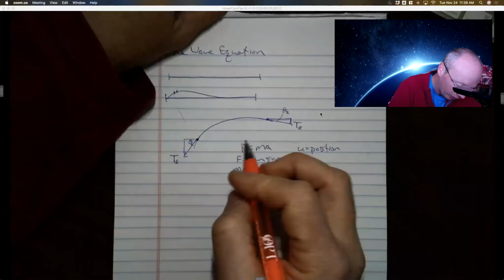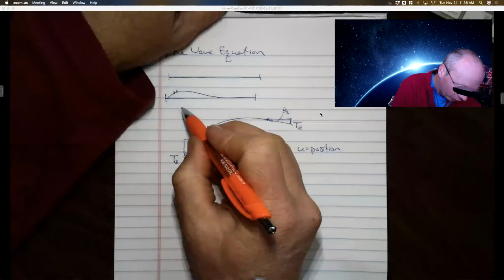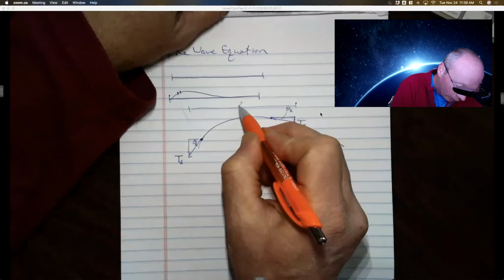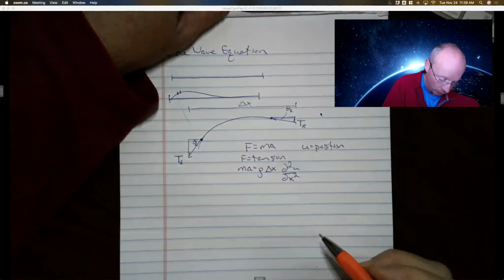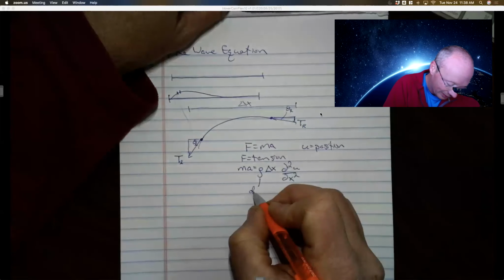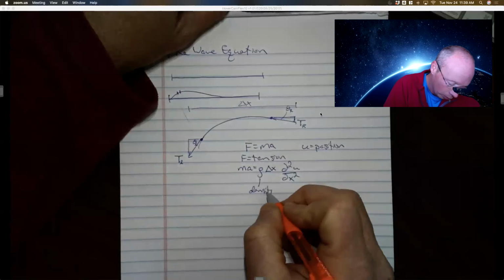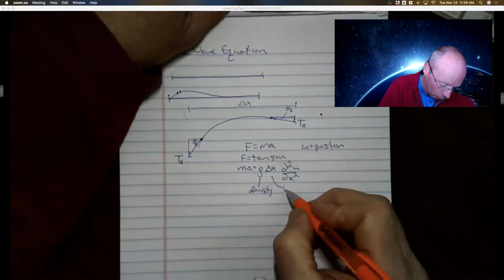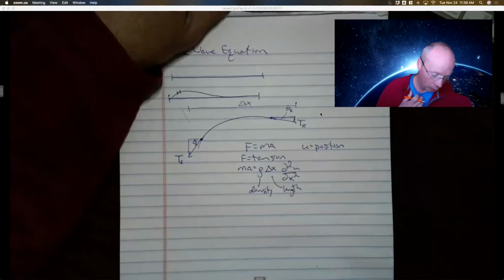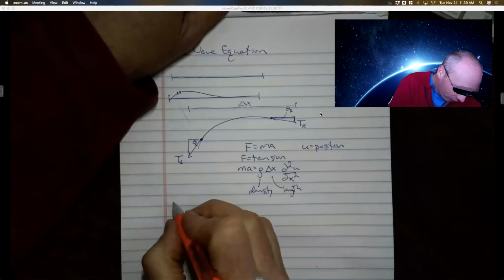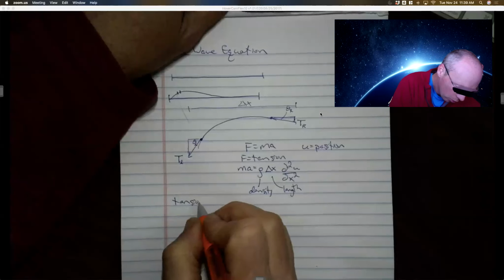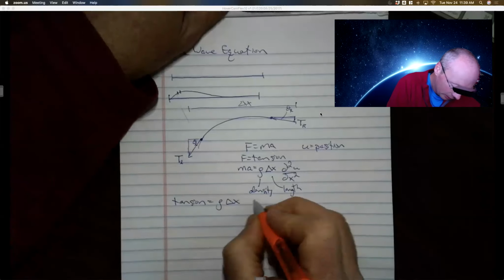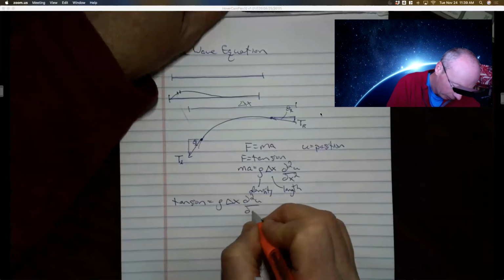So if I take this to be length delta x, and rho is the density, which is mass per unit length, then the force is equal to rho delta x times acceleration.